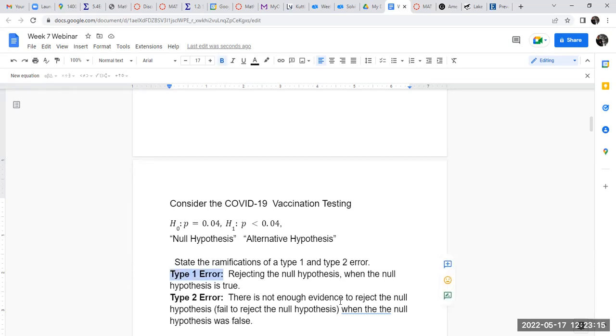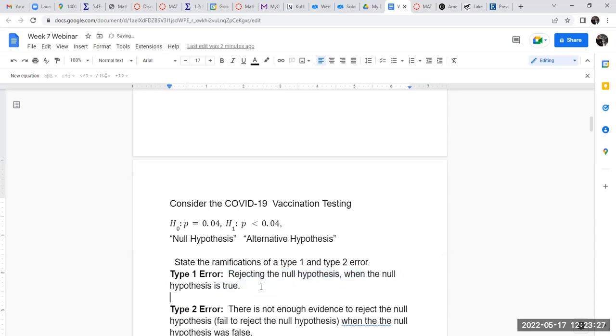What that is, we reject the null hypothesis when the null hypothesis is true. So in this case, let's type out what that means for this COVID thing. If we reject the null hypothesis, we say that the null hypothesis is wrong. H naught's wrong, which means H1 is correct.